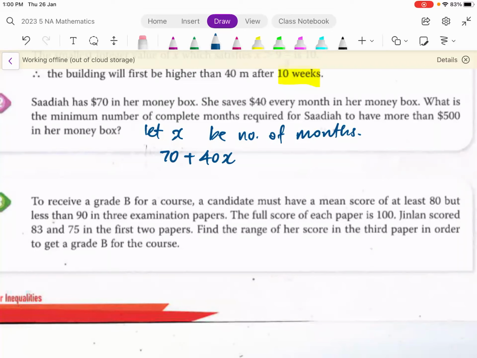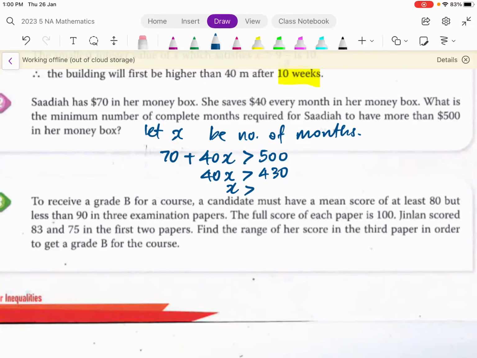You all agree? What should this be? Yes, we put greater than 500. Don't complicate things. Don't overthink things. It is just a translation from English to mathematics. That's all that is. So this is an inequality that you can solve quite easily. 40X greater than 430.